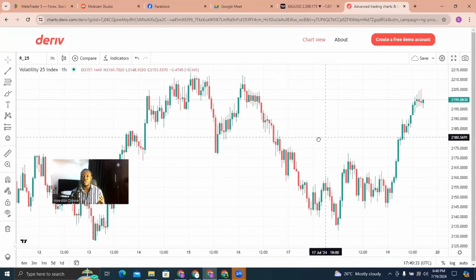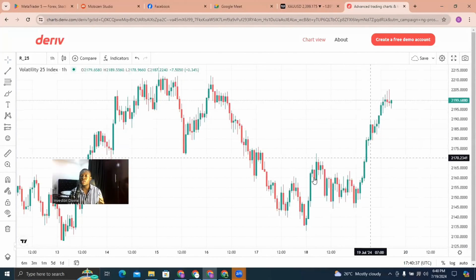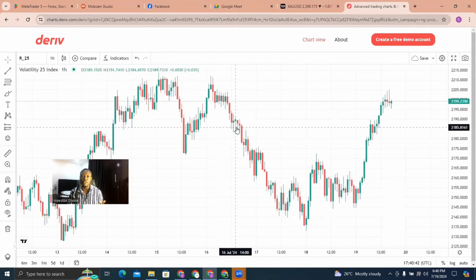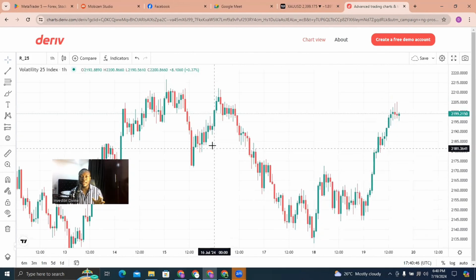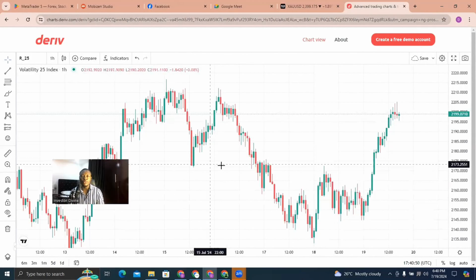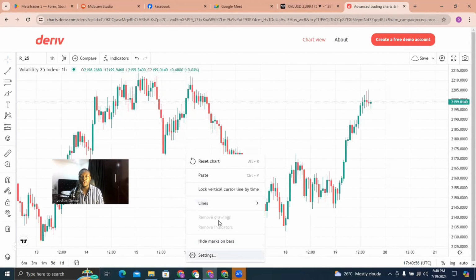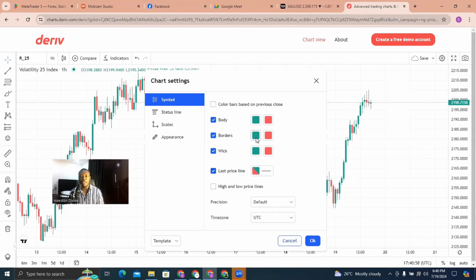And if you remember, the last time I told you that regardless of the colors of the candle, you can decide to customize your colors based on what you like, but this red and green is the normal default candle color whenever you go to your chart. So you can change it to suit what you want. Over here you just select the color. If you want your buy candle to be green, you can select it over here.